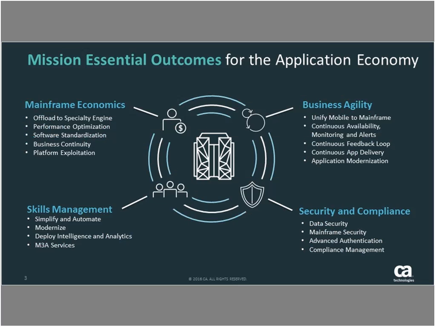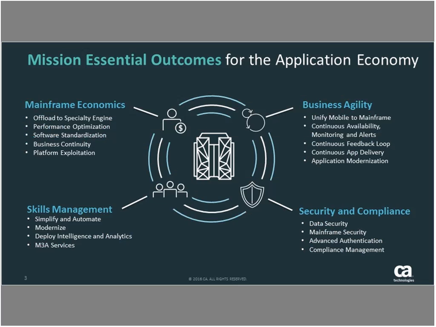Okay, so this is our mission as a CA mainframe development organization, and what we're trying to drive towards with all of our products. Both Ops MVS and Automation Point fall into three of these pillars: skills management, mainframe economics, and business agility.